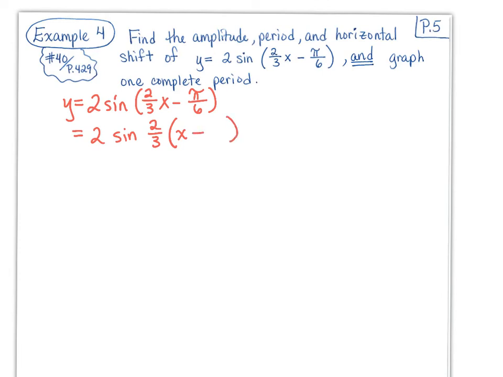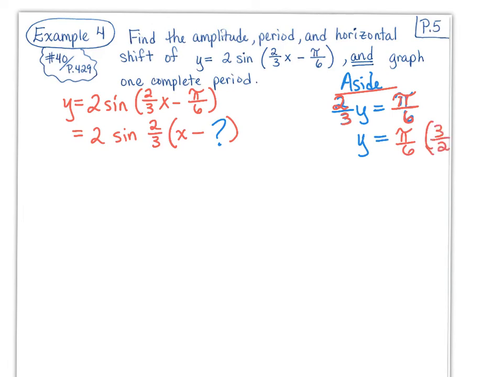To figure out what this is, let's do an aside. 2/3 times y would be equal to pi over 6. So the goal is to figure out what y is, right? So y would be equal to pi over 6 times what?